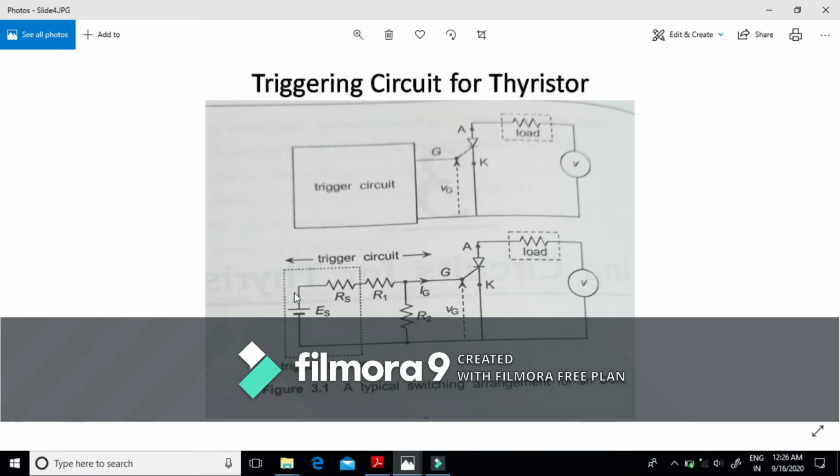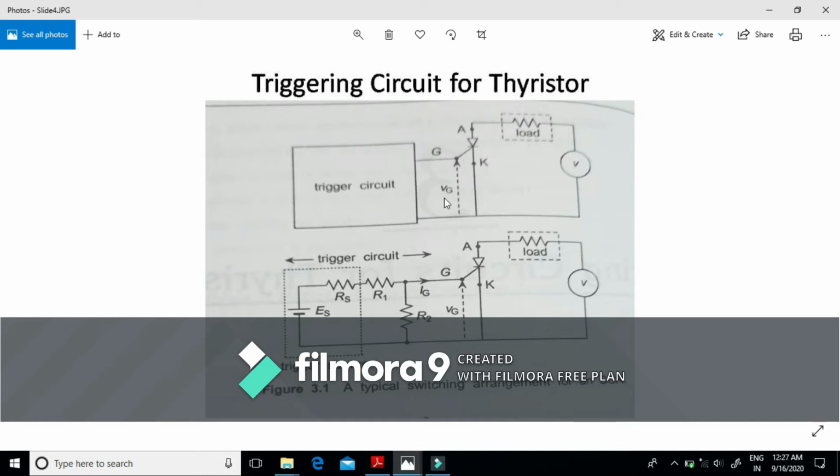The main aim of this triggering circuit is to produce the gate cathode voltage across the gate cathode terminals. The thyristor turns on as soon as this Vg exceeds the critical gate trigger voltage at the particular turning on angle or triggering angle alpha.